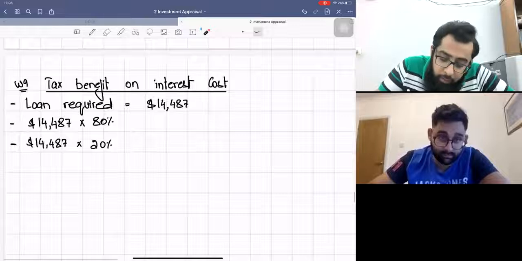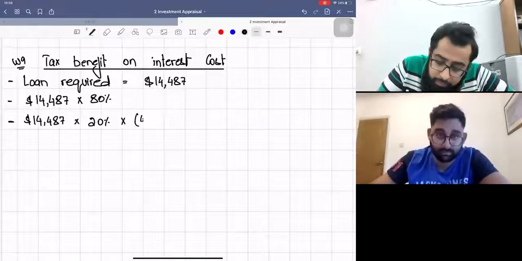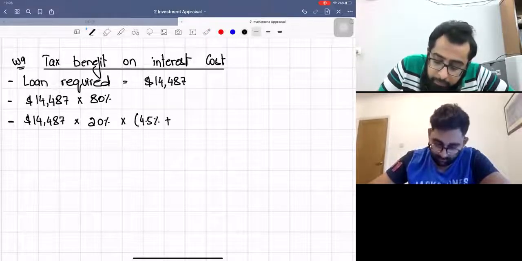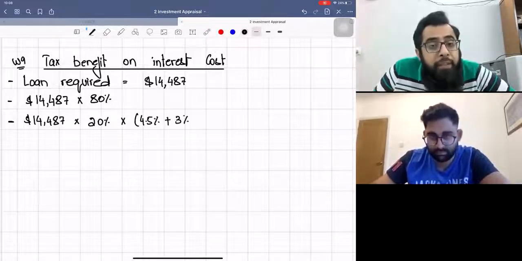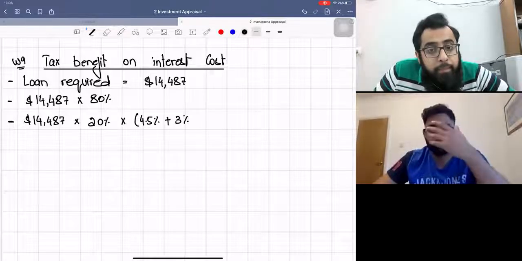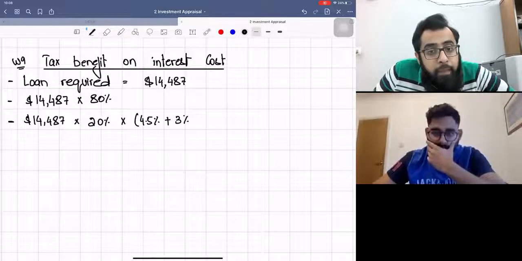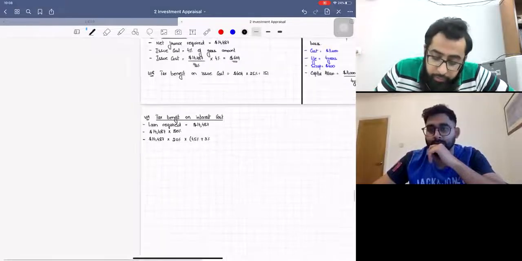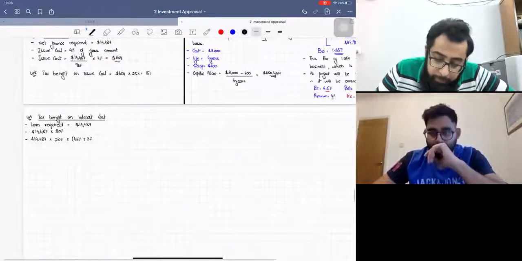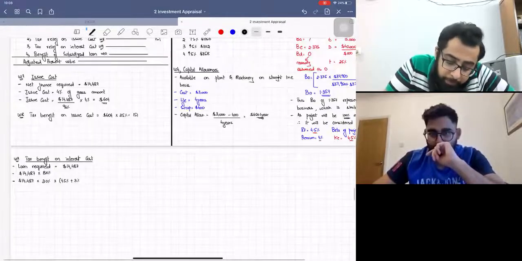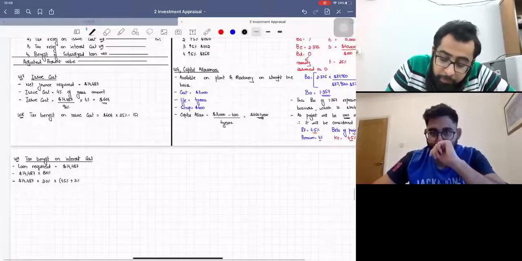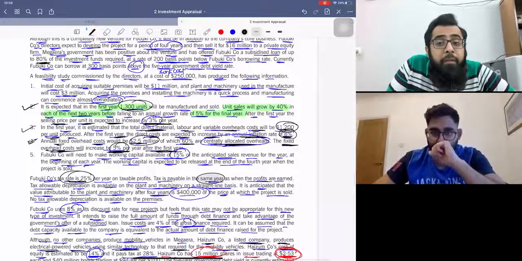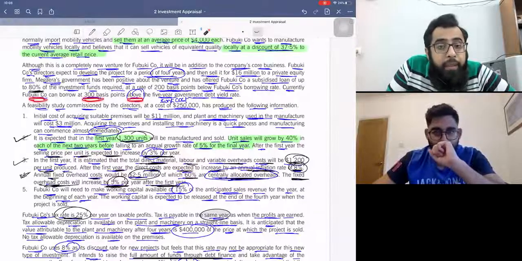Our normal borrowing rate is 3% above the 5-year government yield. You remember? See, it was written here: Puviki company can borrow 300 basis points above the 5-year government debt yield rate.